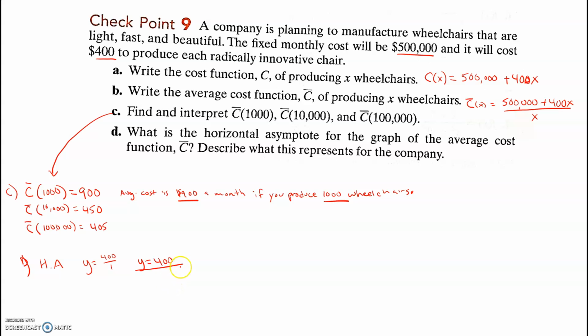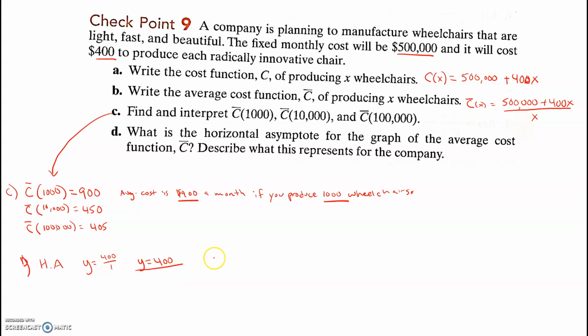And what does that mean? What does this represent for your company? This is basically telling you that your manufacturing cost per wheelchair is going to approach 400 as more wheelchairs are produced.